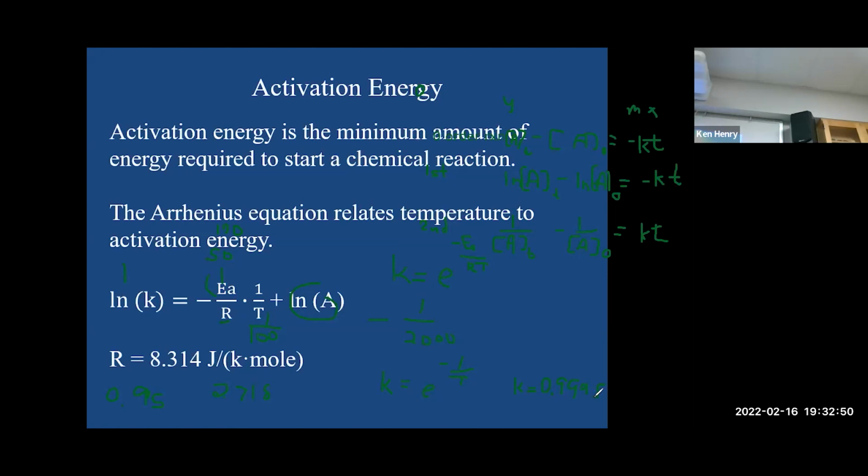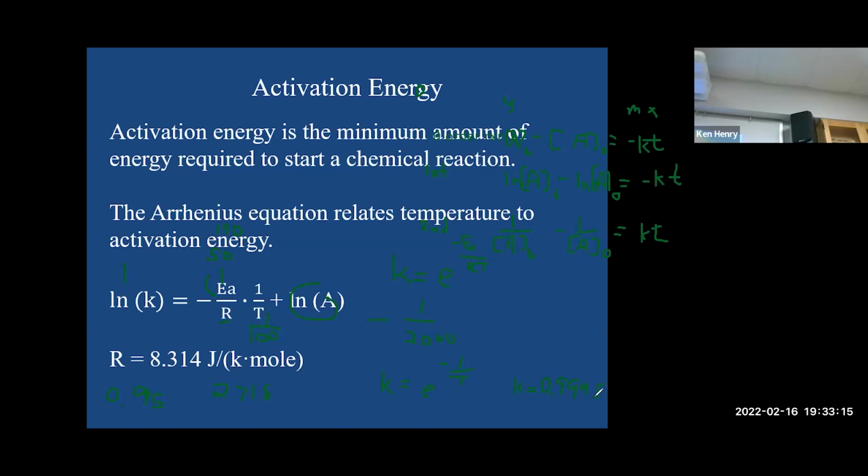Okay, so as the temperature increases, K is going to increase, but it's doing it exponentially, so it's not going to be like, oh, bam. Does that make sense? And logistically, that makes sense, right?